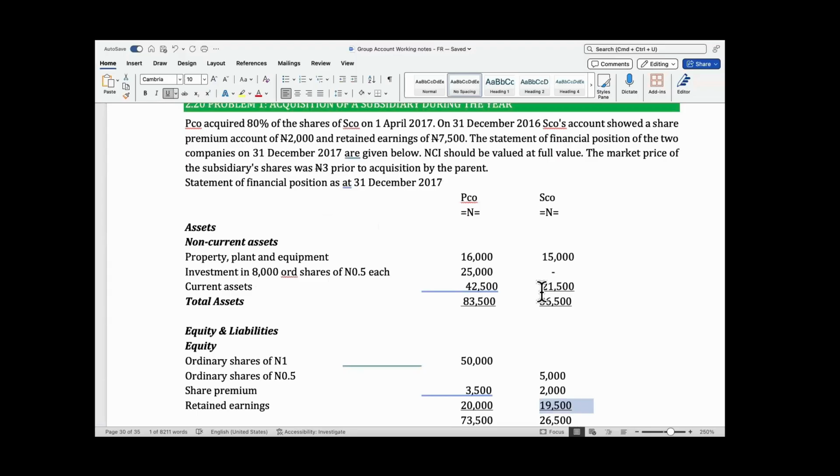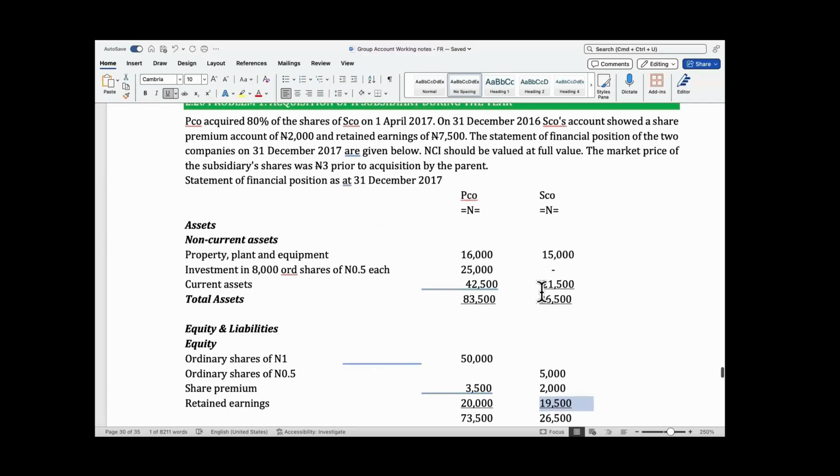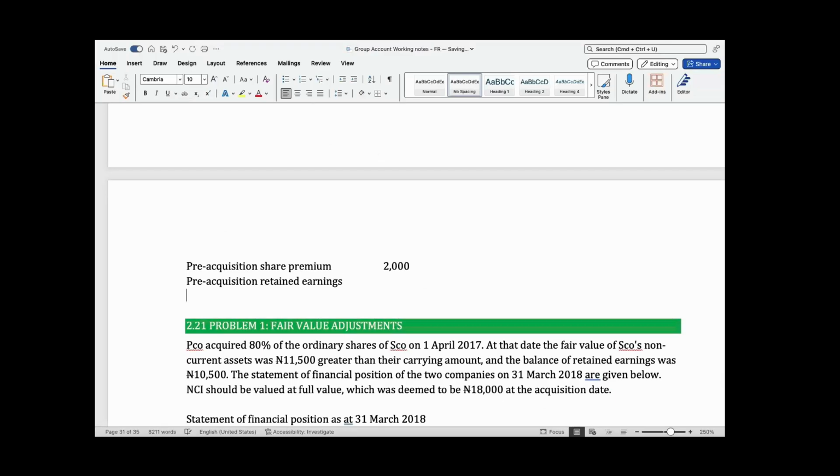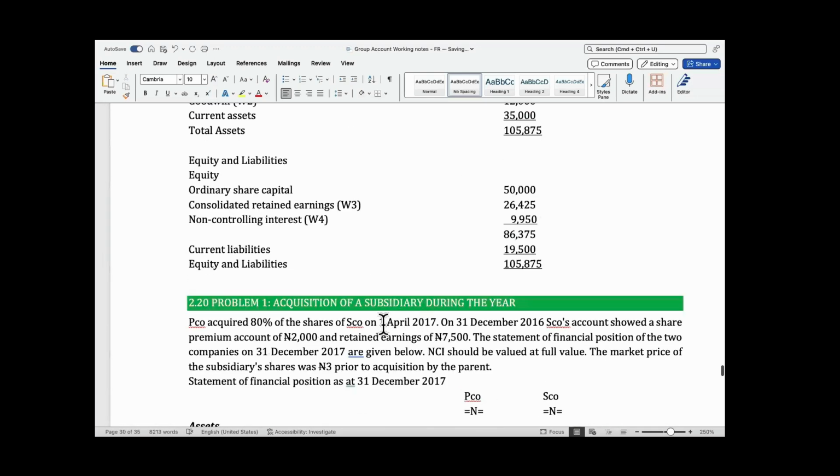From 7.5 to 19.5, by 12,000. So my retained earnings as at April is the 7.5 as at December last year, and I bought this guy on the 1st of April.